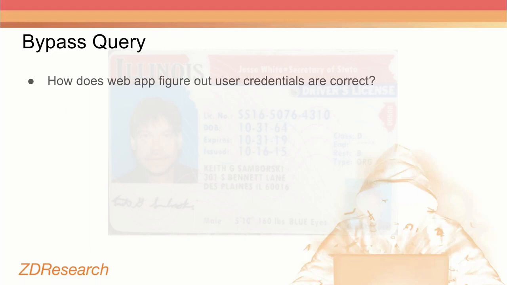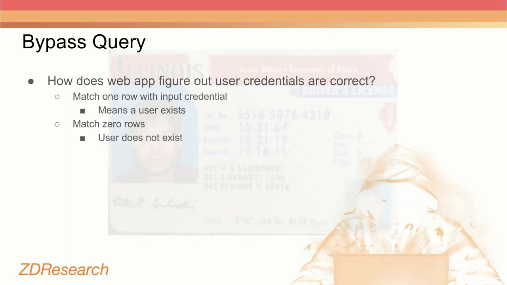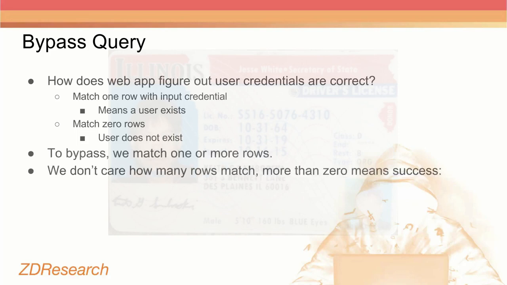As long as it's true, we're going to get logged in, regardless of how many users we find or what the condition is. And that's the key we're going to use. If we match with one row, it means the user exists. If we match with 0 rows, it means the user does not exist. But the trick is, if we match with more than one row, then we still have a user that exists.